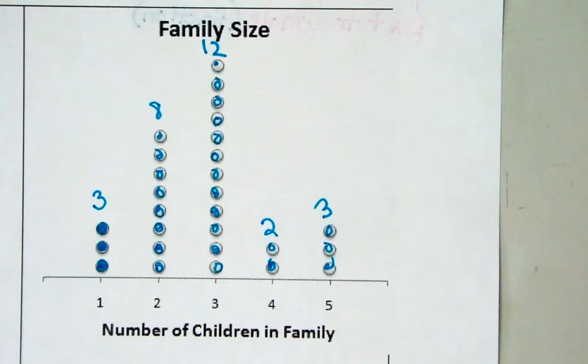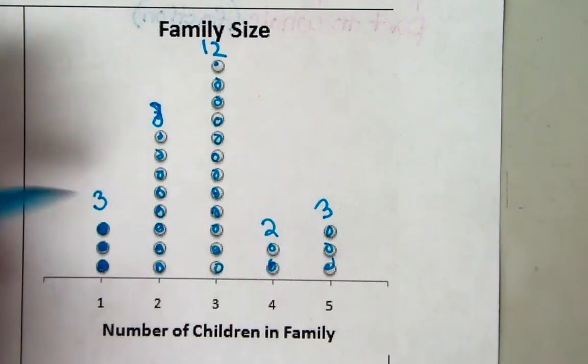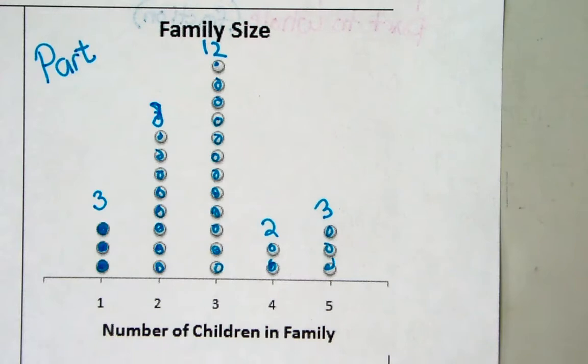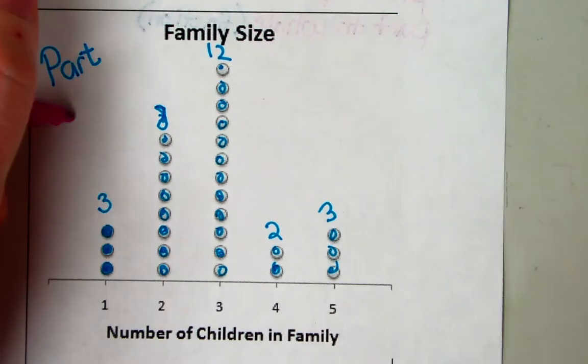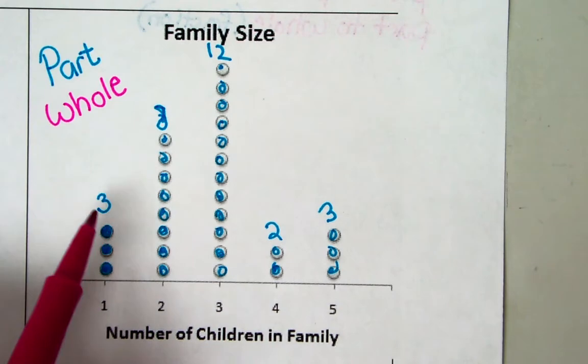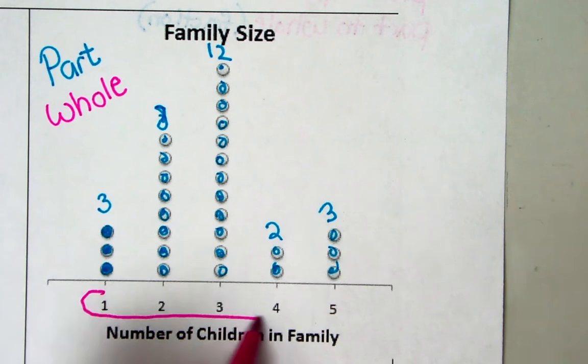Once you do that, it becomes very easy to answer any questions that we might look at for part-to-part, part-to-whole. Each of these is a part. I'm going to label all the parts today in blue, and all the wholes today in pink. So think about how you would find the total or the whole amount here. A lot of students will want to add these numbers.